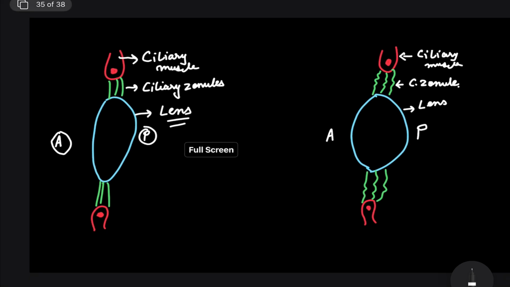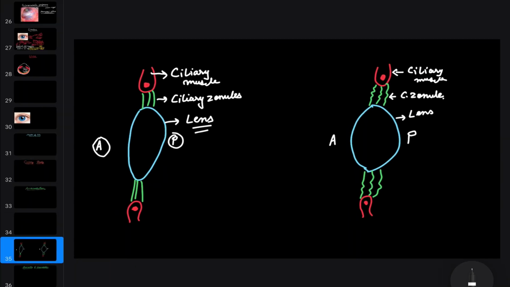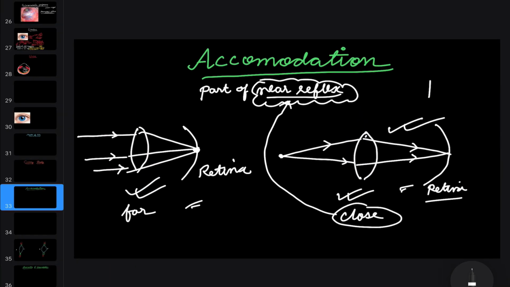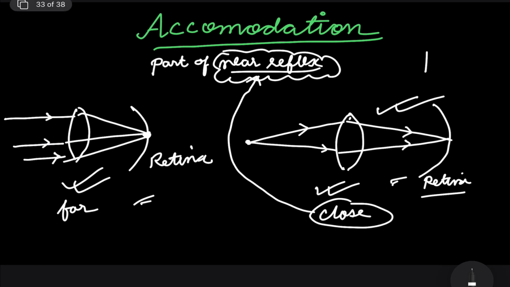See, let's go back to that first image that we had drawn when we first started this video. I had said that when a faraway object, the light rays are coming parallel to each other, almost parallel to each other, whereas an object close, the light rays are diverging. So now think and tell me, this is elementary optics.